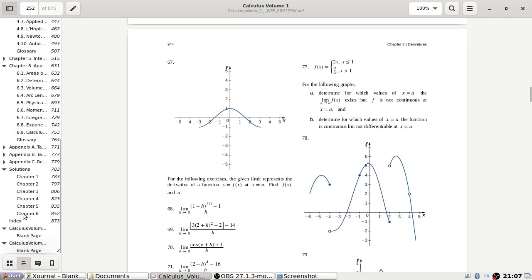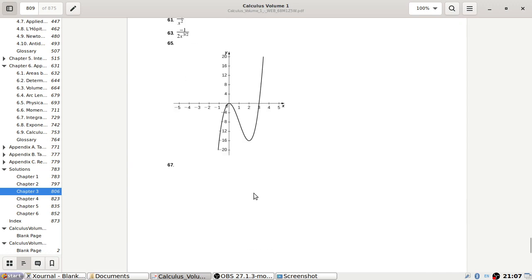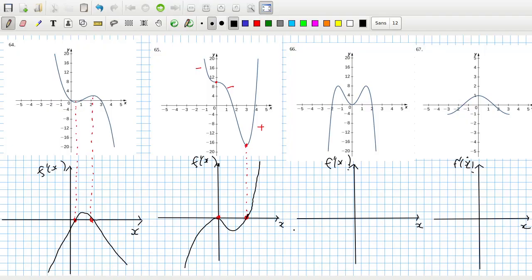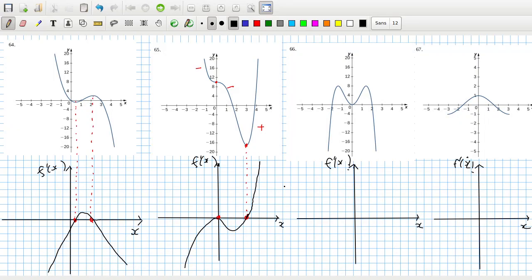We can check for that one. So let's see how well we did. Not too bad, huh? Okay. Got the right shape. That's what I just care about right now. 0, 0, and 0. So like that's about here, here, and here. Positive, negative, positive, negative.